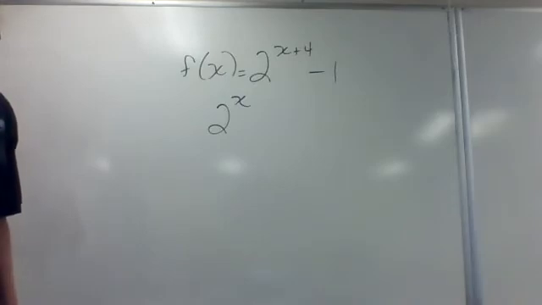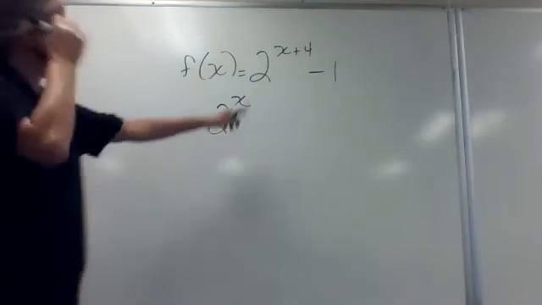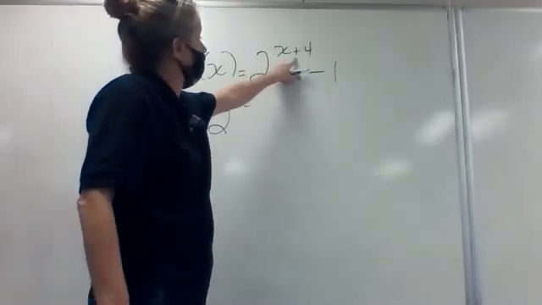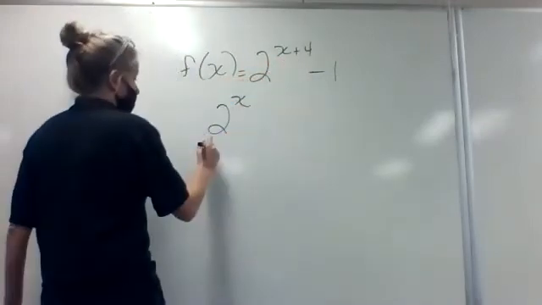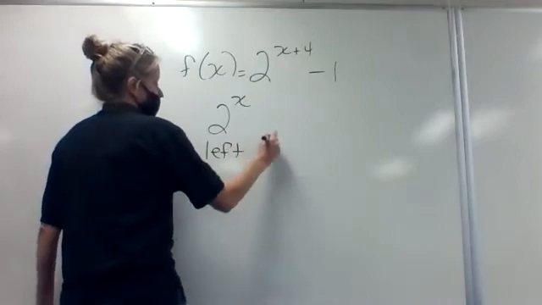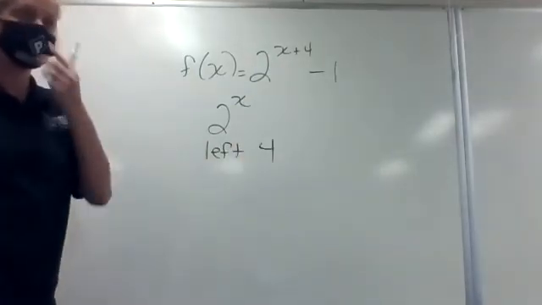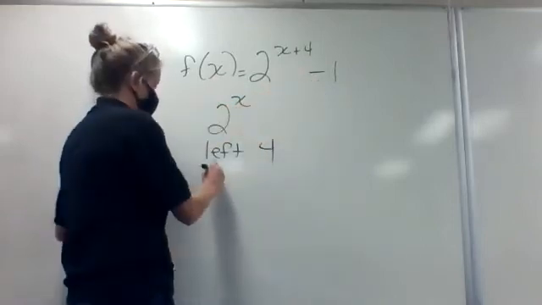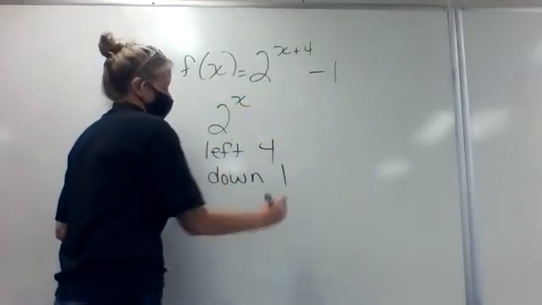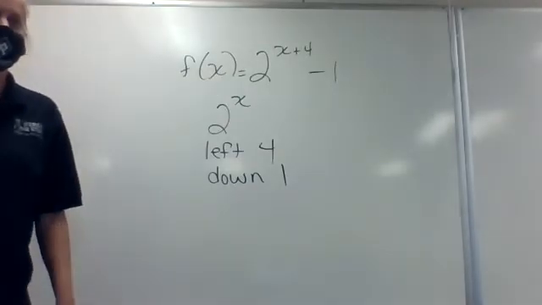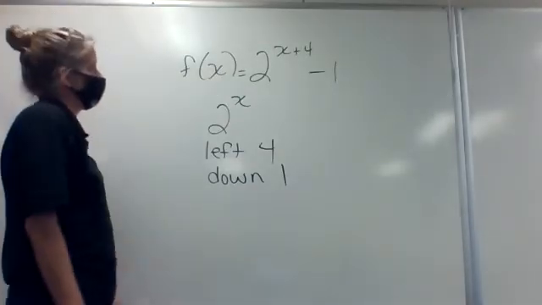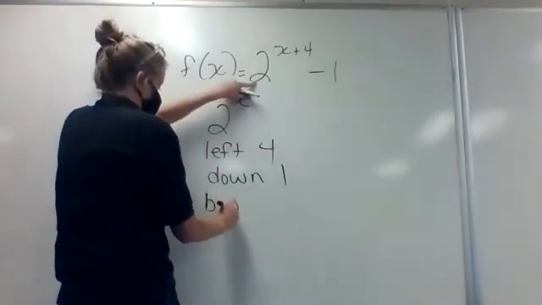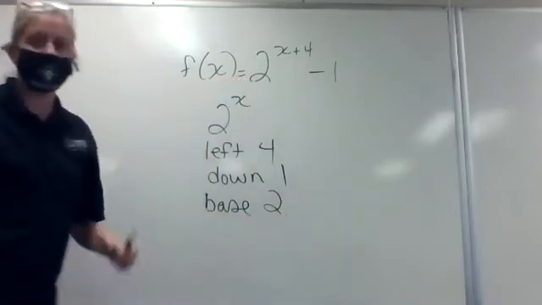And this one has 2 shifts, right? It's got an inside number shift, so I'm going to go opposite that sign. So to the left 4. And my vertical shift is down 1. So that'll shift it. And again, make sure you change your base to 2.